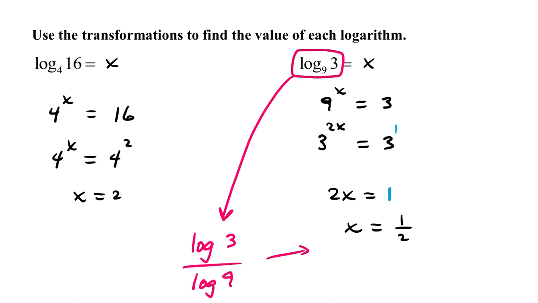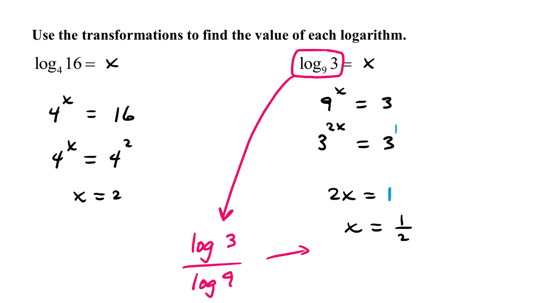In the next example, log base 9 of 3, we're trying to find out what that's equal to. Well, in the first example, we knew that 4 squared was 16, so our answer was 2. It's harder to tell what power of 9 you have to use to make it 3.